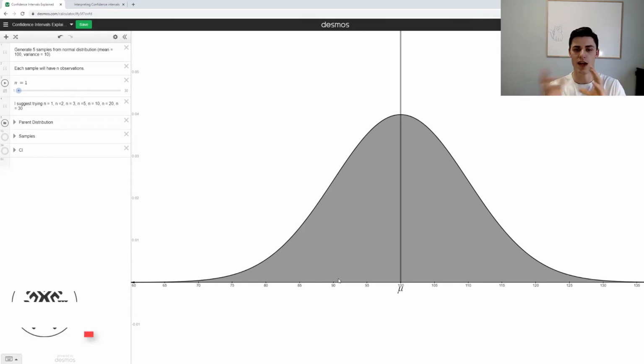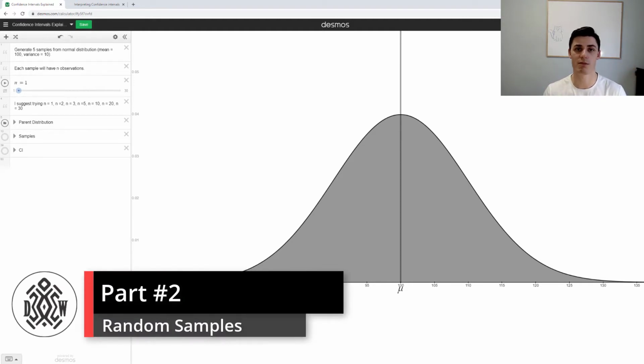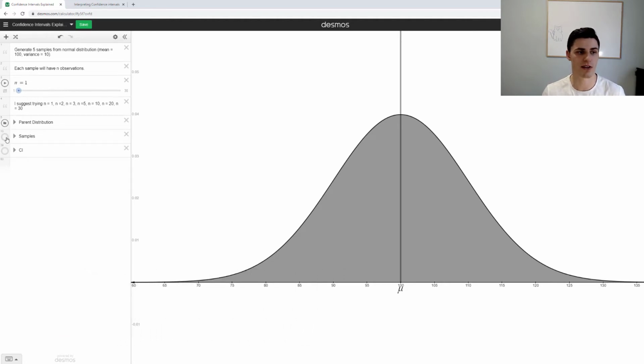Okay, so now that we have this idea, we can basically measure the IQ of random people. So the first thing we're going to do here is, if I click on the sample, I've measured 5 different people. So the points here, this person had an IQ of 96. That's why they're on the left of the vertical line. They're below 100.